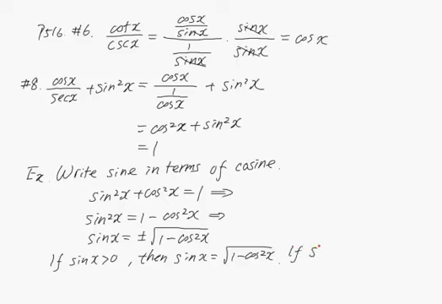And if the sine x is negative, then you have the identity sine x is equal to negative square root of 1 minus cosine square x.